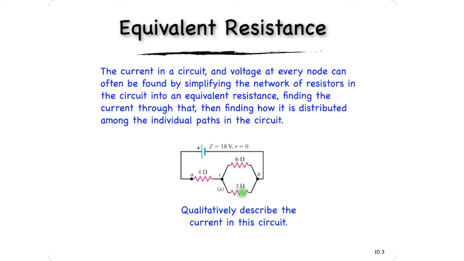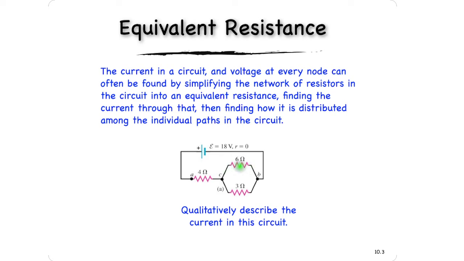But that's not always the case. In this example, there's less resistance on the bottom than there is on the top branch. And so we might expect more of the current to go through the bottom branch than through the top. And really what we need is the current times the resistance, V equals IR.